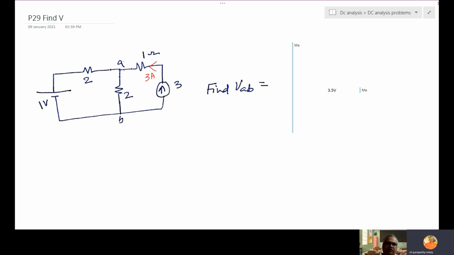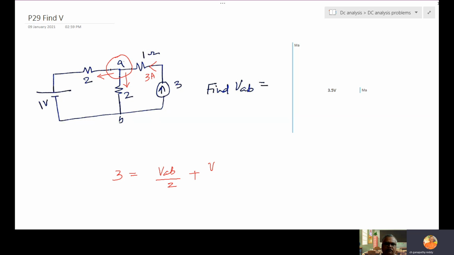We want VAB, so straight away you can write nodal. Current entering equals current leaving. What is entering? 3, because it is a current source. Now VAB by 2 plus VAB, or this B is anyway ground, better you call it VA.